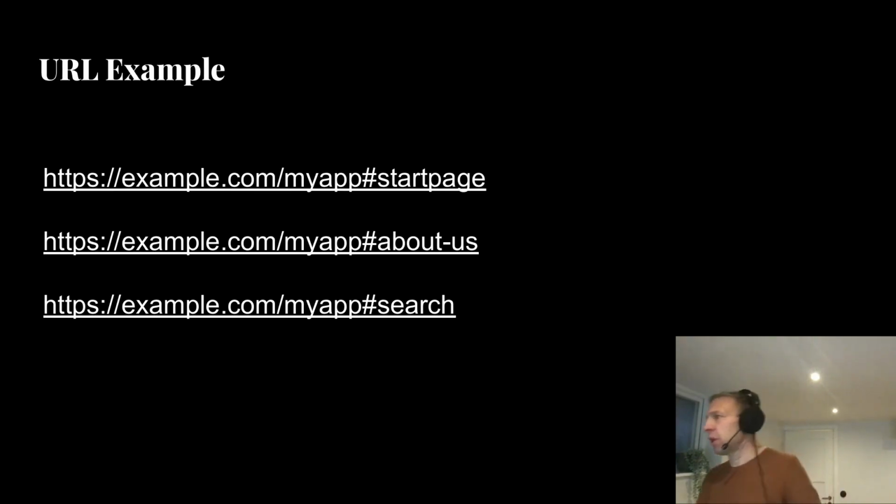An application can look like this. You start to create a URL structure that matches a real website, but you're not really refreshing the website. One common example is to add the hash sign and then apply new URLs. It's more correct to call it a context in the application than a real URL.